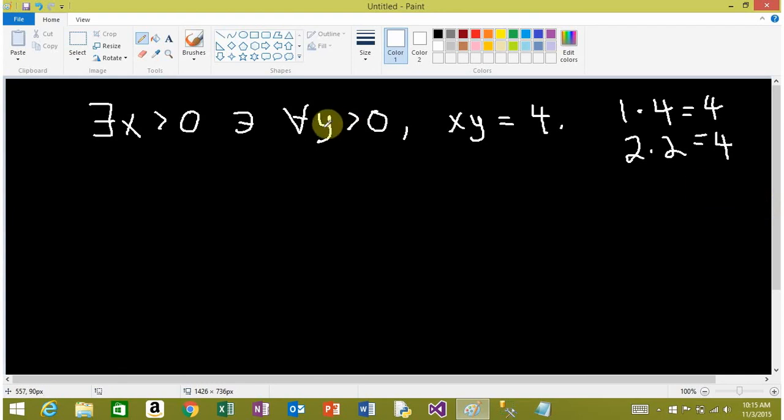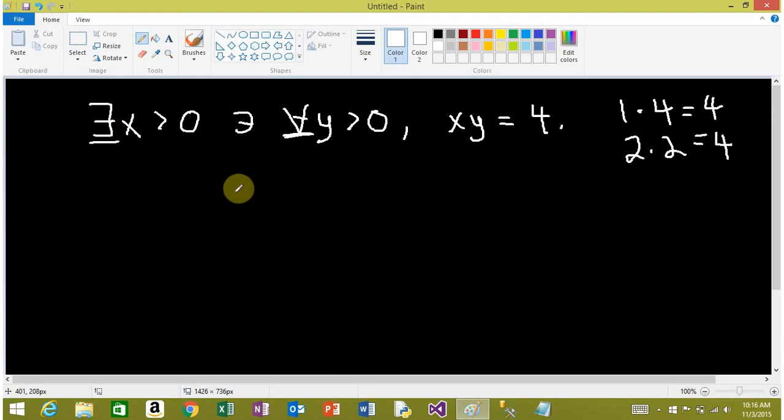But we're thinking we could choose an x maybe, but y has not been introduced yet. Notice that x is first. There exists an x greater than 0. Notice that the order of the quantifiers has changed. There exists comes first, and the universal quantifier comes second. So we may run into some issues here with proving this statement.